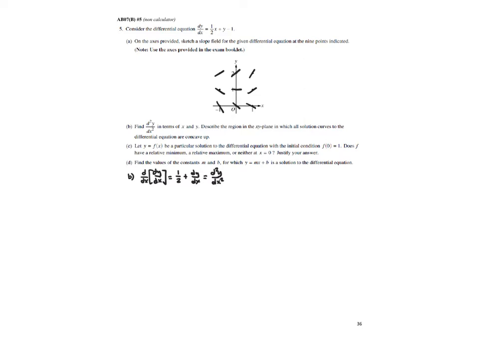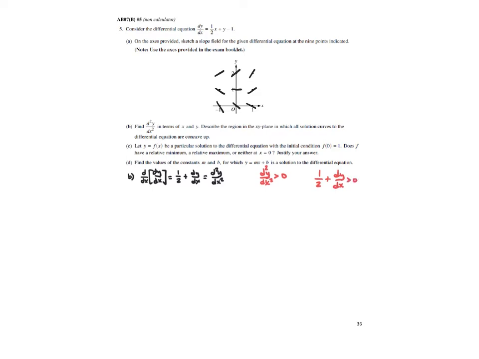Okay, now, in addition to that, let's consider what the rest of the question is asking us: to describe the region in the xy plane where all the solution curves to the differential equation are concave up. So what I'm looking for is where the second derivative is greater than 0, which means that I want 1 half plus dy dx to be greater than 0.